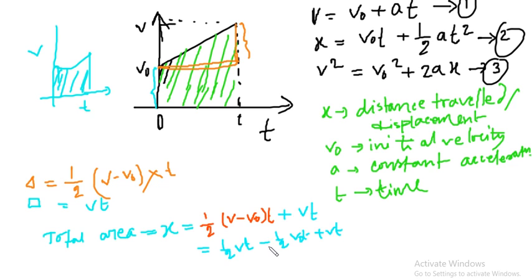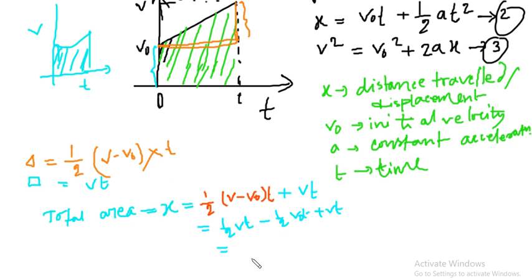So here you can see that total area is, this is v0t, this area is v0t.